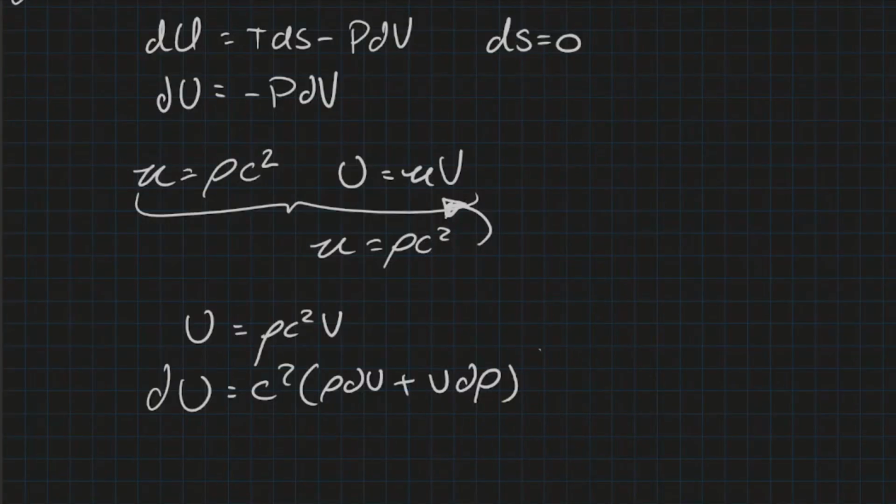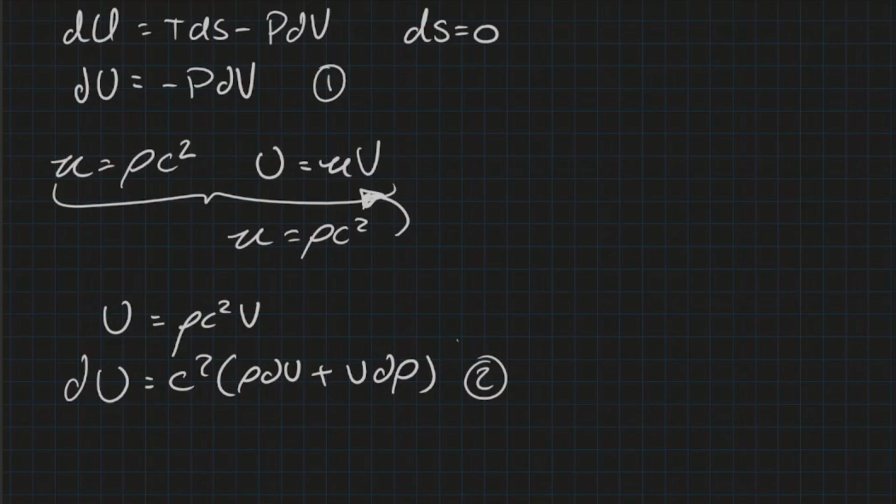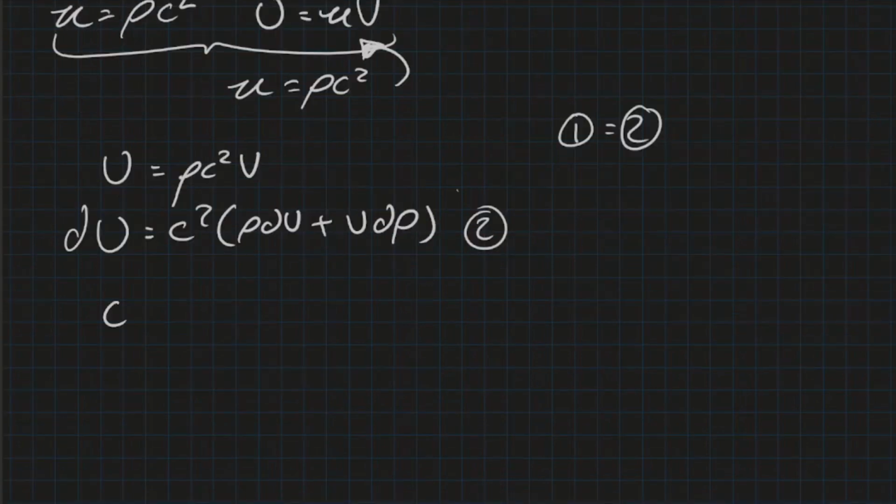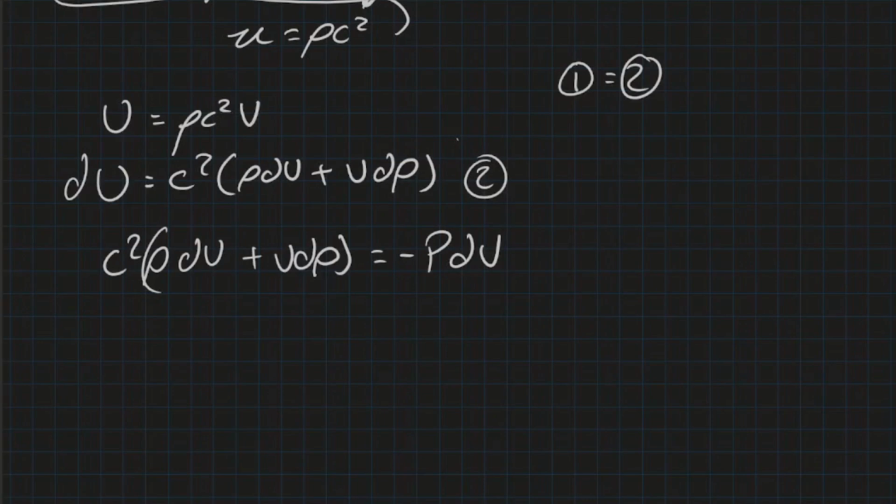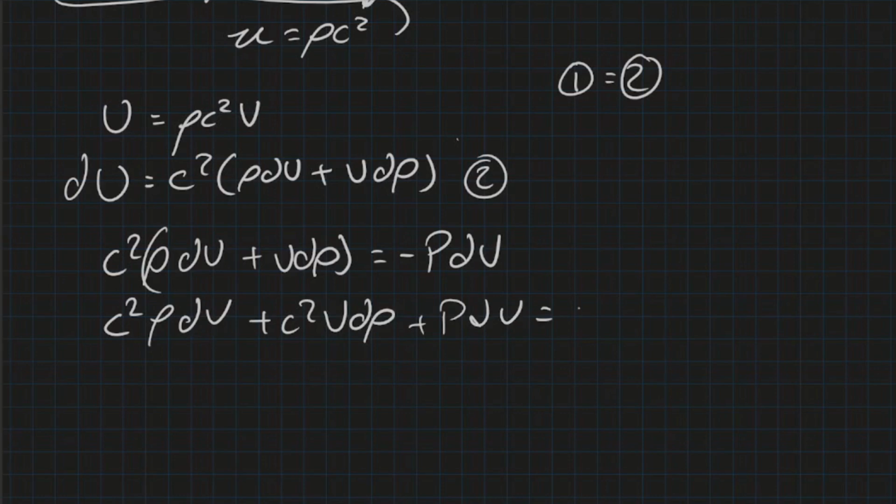We may now equate this with our cosmologically considered version of the first law of thermodynamics. And this gives us c squared rho dV plus c squared V d rho is equal to minus P dV. Taking everything over to the left hand side, we get c squared rho dV plus c squared V d rho plus P dV is equal to 0.